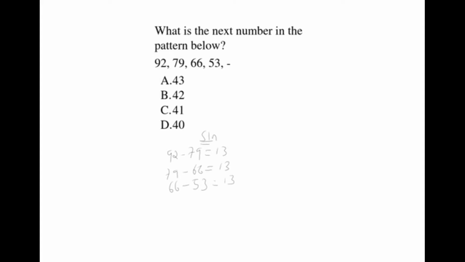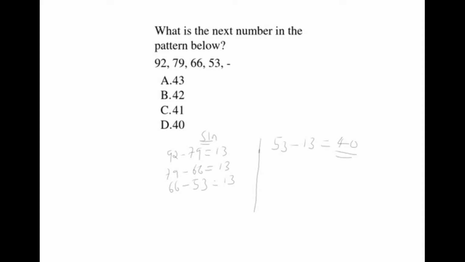So we can see the difference is uniform. So to get the next number in the pattern, we take 53 minus 13. So 53 minus 13 gives us 40.